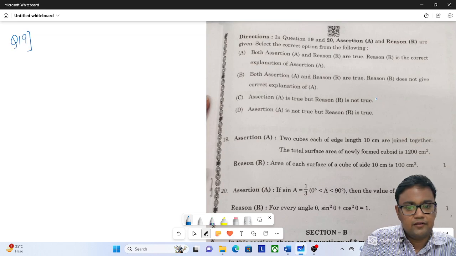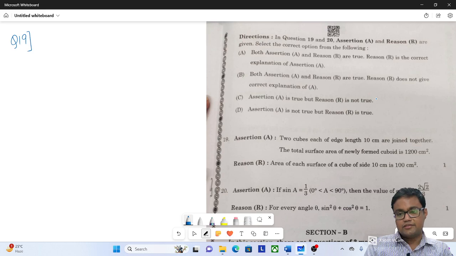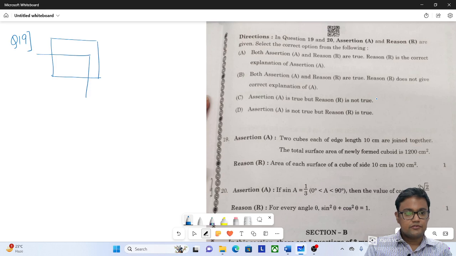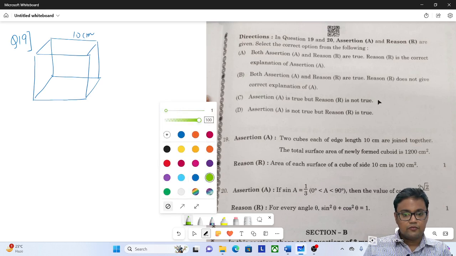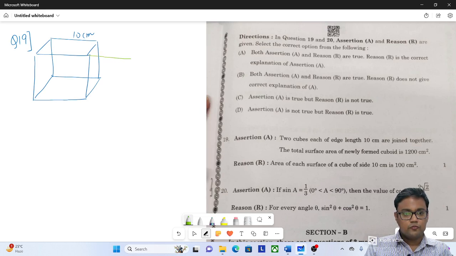Question number 19. Two cubes each of edge length 10 centimeter are joined together. So, let us say that this is the first cube, whose edge length is 10 centimeter, joined with another cube. एक और क्यूब के साथ भाई इसको ज्वाइन कर दिया है, शायद ऐसे ही किया होगा ज्वाइन.